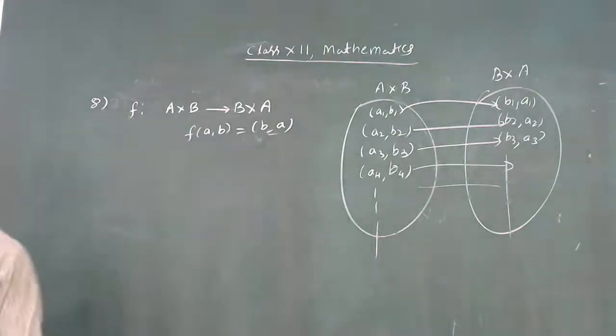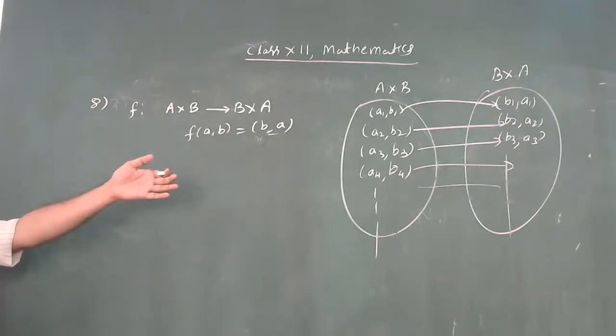Whether it will be one-one, whether all domain points are going to different images or is there any chance of common images? मुझे तो नहीं लगता कोई चांस मिलता common images का.